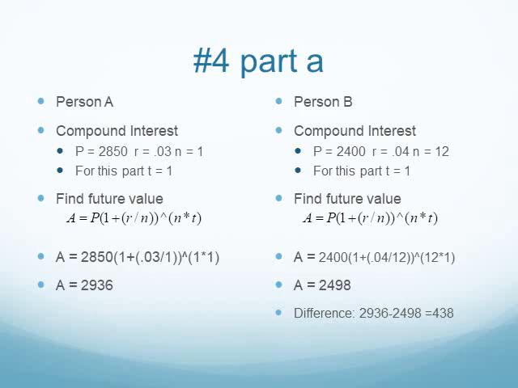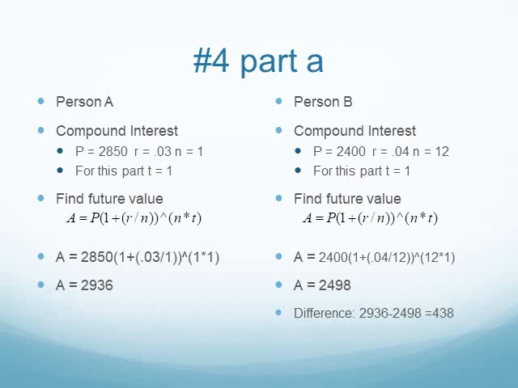And then I got 2,936 for person A. All right, for person B, I plugged the numbers in, okay? $2,400 times 1 plus 0.04 divided by 12, because monthly compounding, raised to the 12 times 1. So again, you could have just done 12, we get it, right? So they would have $2,498, okay?